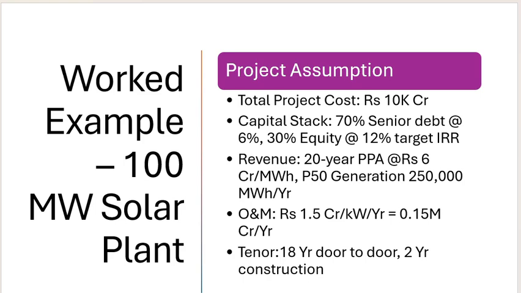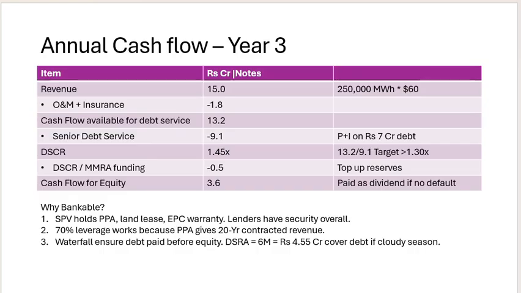So let's discuss, from those assumptions, what the annual cash flow is and why it is bankable, and why the bank will accept this project. Revenue is 15 crore from the 250 megawatt generated, the operation and maintenance cost is 1.8 crore, and the cash flow available for debt service is 13.2 crore.